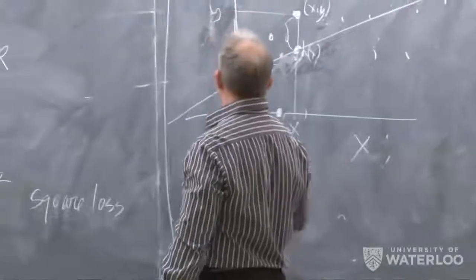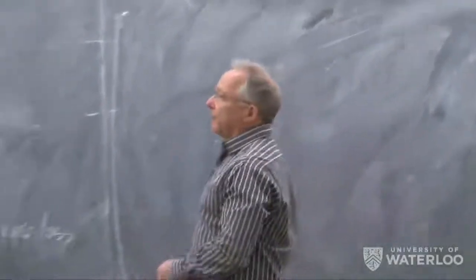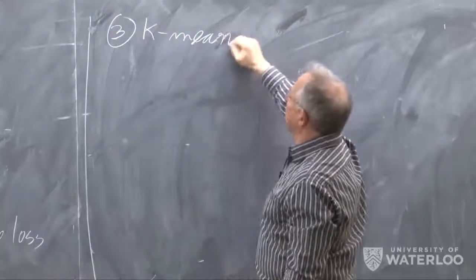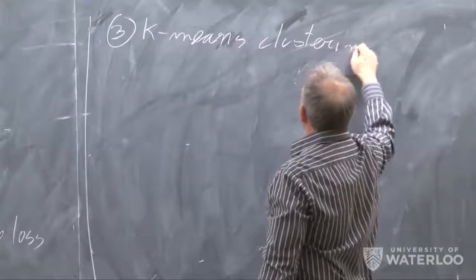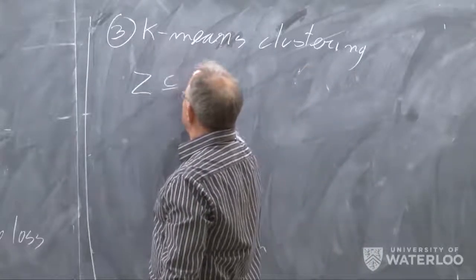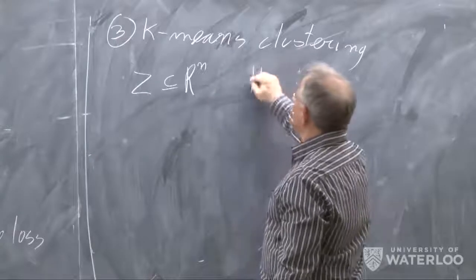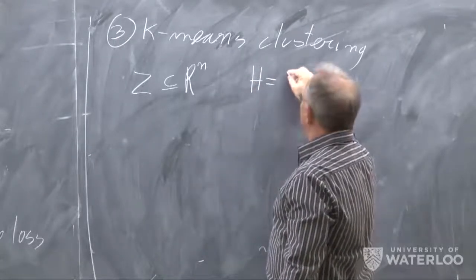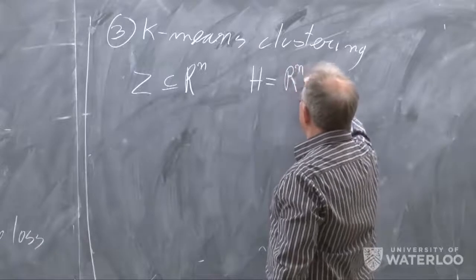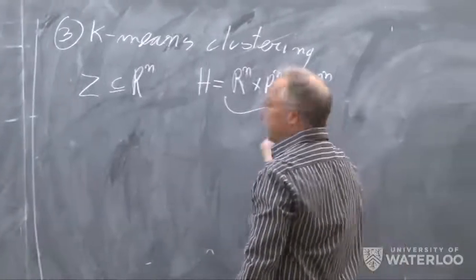I will not even elaborate, but we saw that this framework can also describe other types of problems like k-means clustering, where your space Z is just a subset of R^n, and H is the k-tuples in R^n, so it's R^n times R^n, k times.